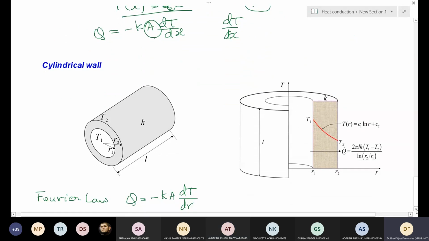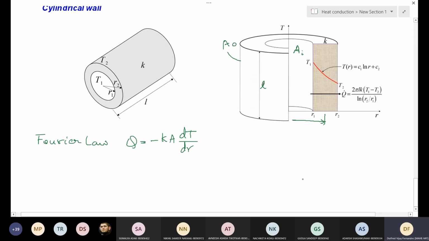That is a very important observation you should make now. Here the area inside is AI, but the area outside is different. So this is the area outside. For a particular radius R, and the length of the cylinder is L, what will be the area of heat transfer? The area perpendicular to the R direction, you have to calculate and tell me.